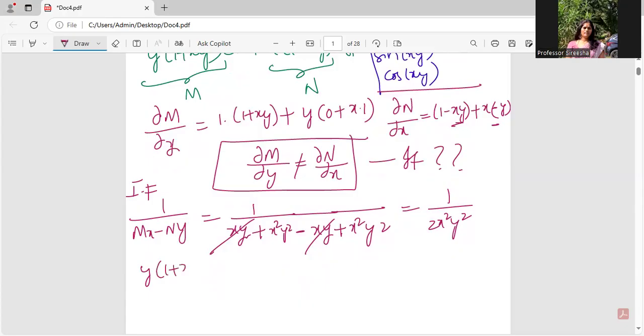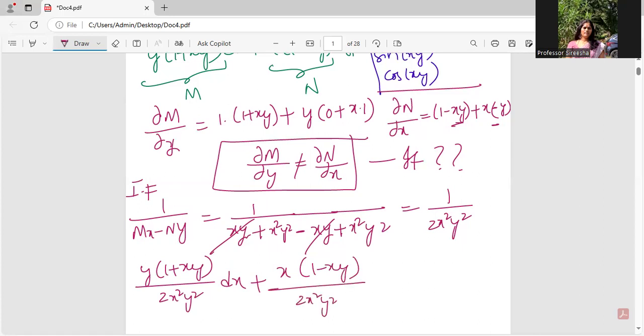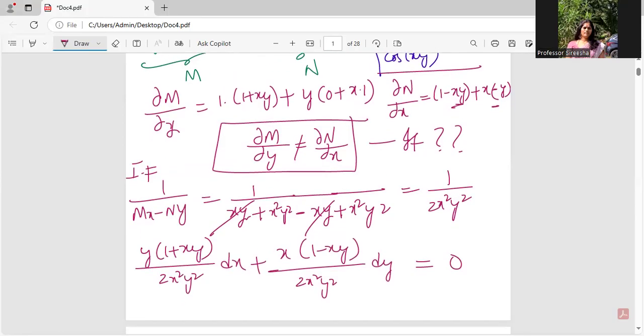y into 1 plus xy by 2x square y square dx plus x into 1 minus xy by 2x square y square dy. You can check for exactness as well, whether it is working or not. I can directly check or separate the terms and see what happens. So 2 can be taken common and pushed to that side.